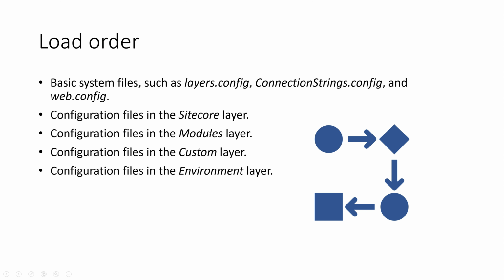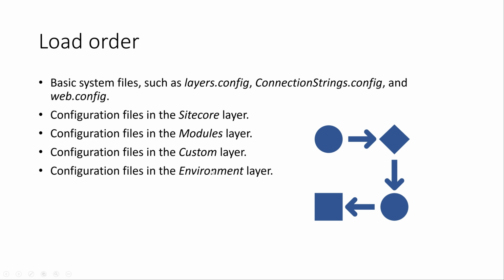Imagine Sitecore defines a setting, say the default disable cache size is false, but I want to enable it. By default Sitecore makes it false, but if I want it to be true, I will load it in my custom configuration. That means disable cache size is false in the Sitecore layer, which loads first, but later in the custom layer I made it true, so this will eventually override the Sitecore layer setting.